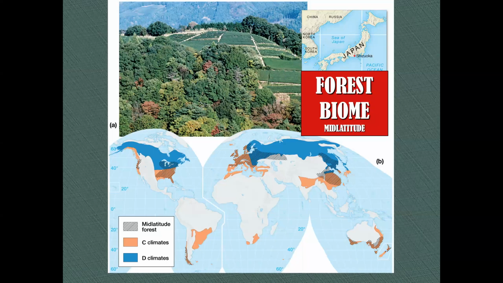Think about when you go to Harriman State Park, or if you go hiking up in Sullivan County, or Ulster County, or Orange County. These are places that are deciduous forests. The only reason you don't see more trees is that they've been cleared for agriculture.